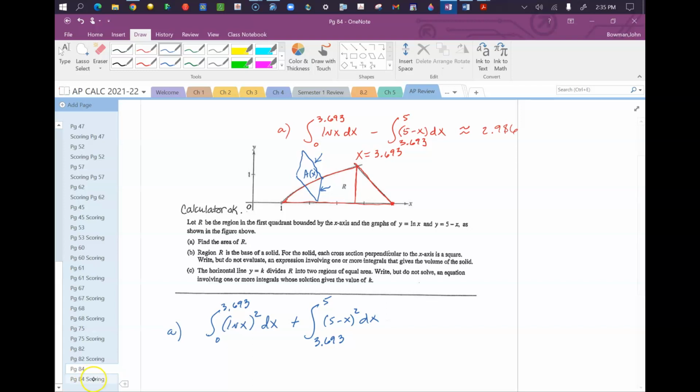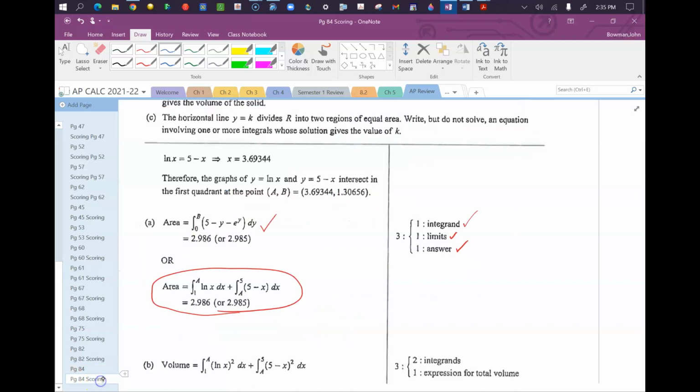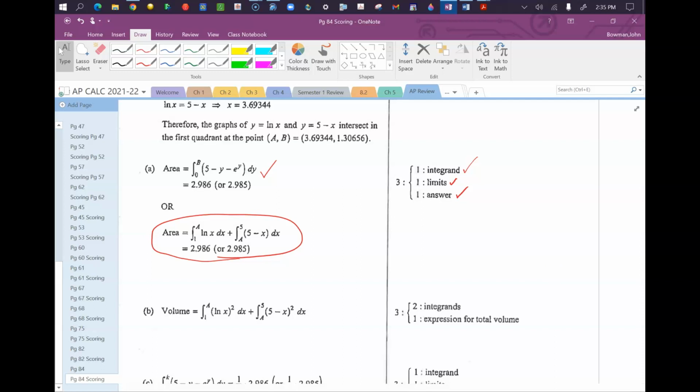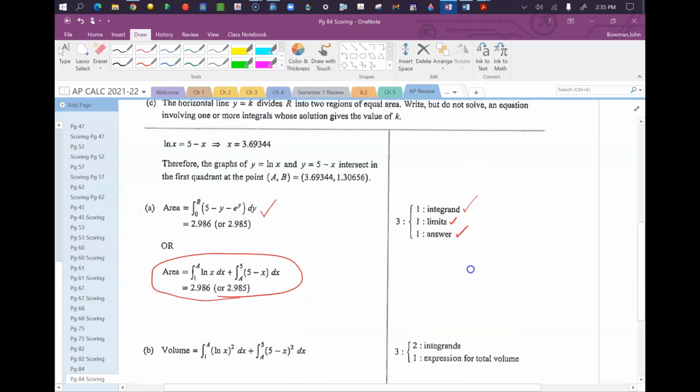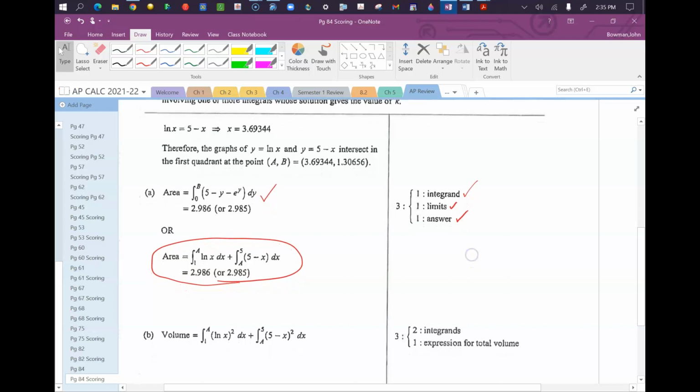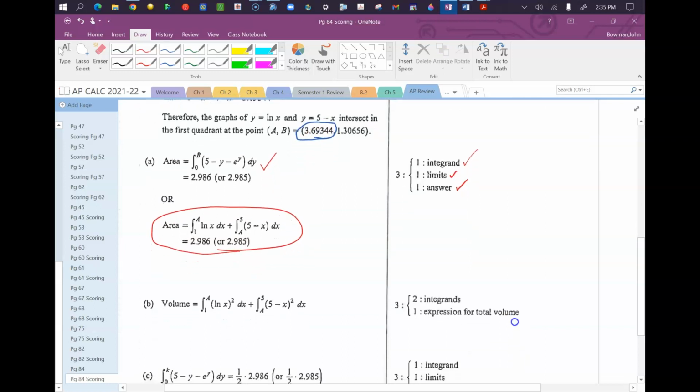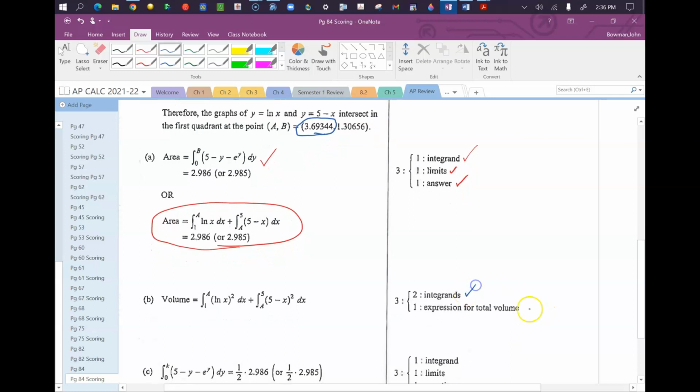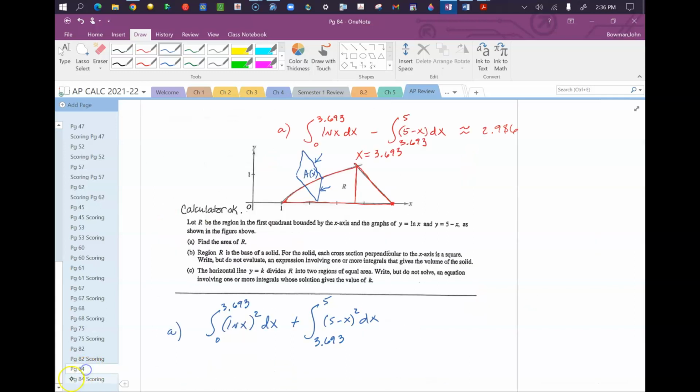And that's all we have to do for that. So let's take a look at the scoring. 1 to A, natural log of x quantity squared dx, and A to 5 minus x quantity squared dx, and they pointed out that A was equal to, up here, 3.693. So 3 more points for a total of 6 of the points so far.